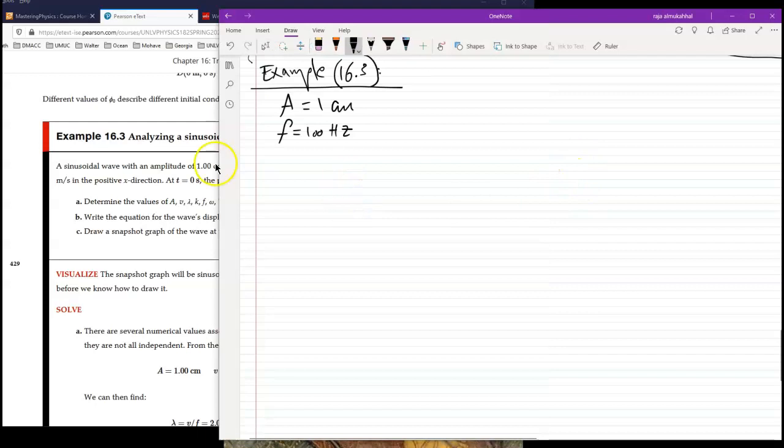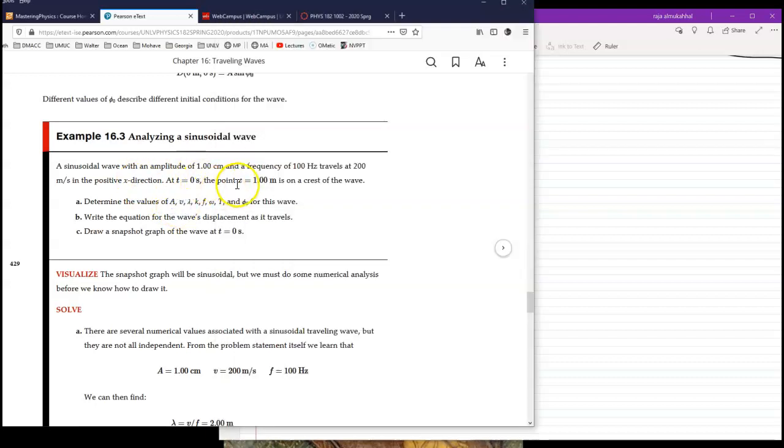Okay, so the velocity of the wave is 200 meters per second, and in the positive x direction, which means it's going to be a minus, right? Kx minus omega t. Okay, and then he says at t equals 0, the point x equals 1 meter is on a crest of the wave.